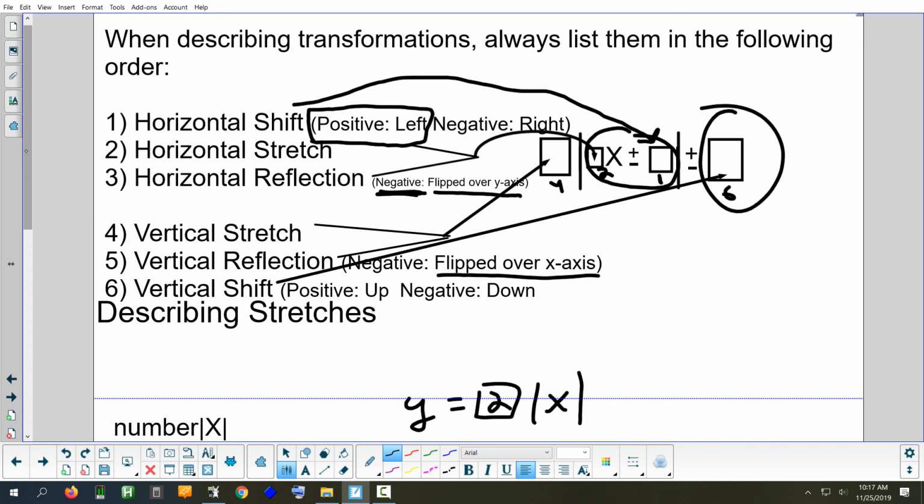Vertical shift. Vertical means either up or down. How do you decide which one? Positive is up, negative is down. What did we have? A plus, how much was it? 3. So we had a plus 3 in box 6. Plus 3. Up 3. Because it's vertical. So that's how you could look at your chart and figure it out.